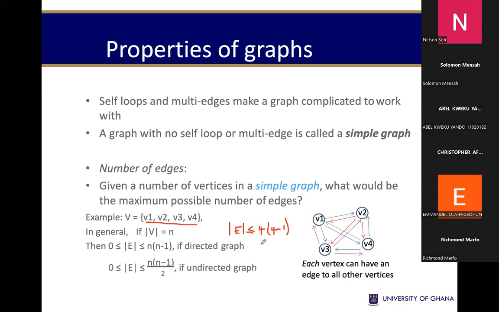So at the end, this gives us less than or equal to 4 times 3, so this gives us 12. Because E is less than or equal to 12, we can now say that the maximum number of edges this particular graph will have is 12.